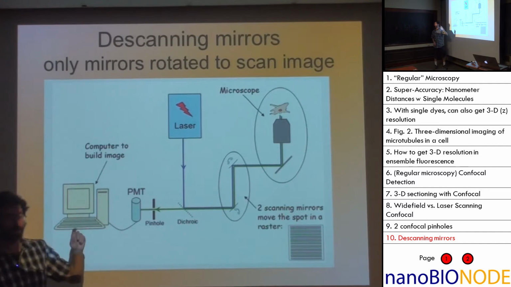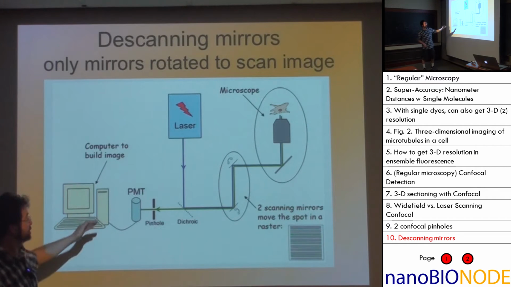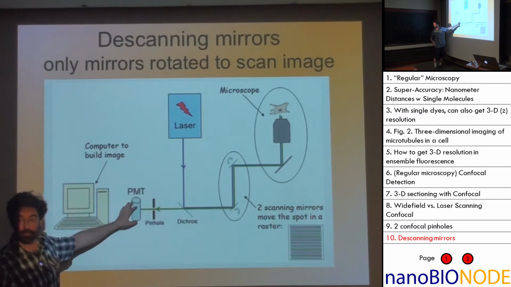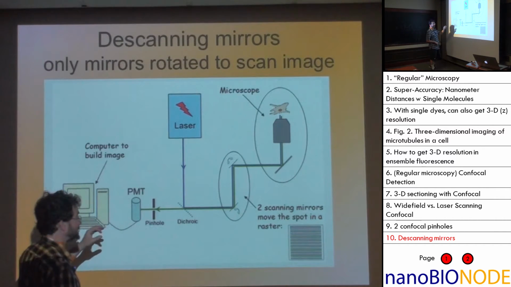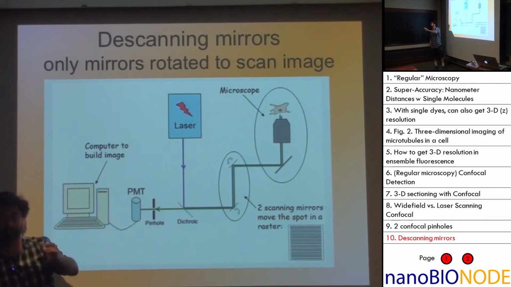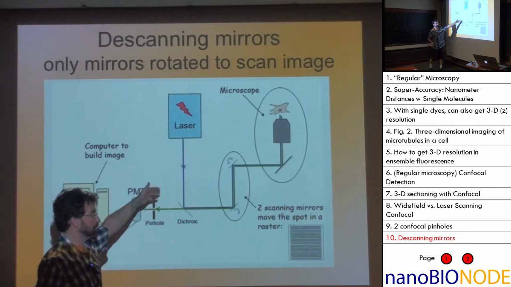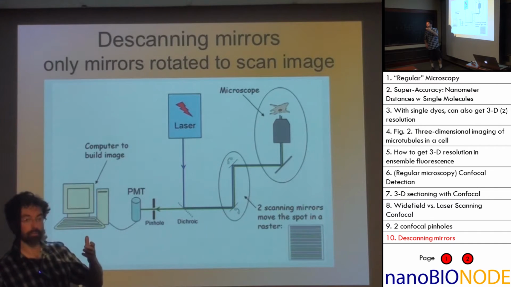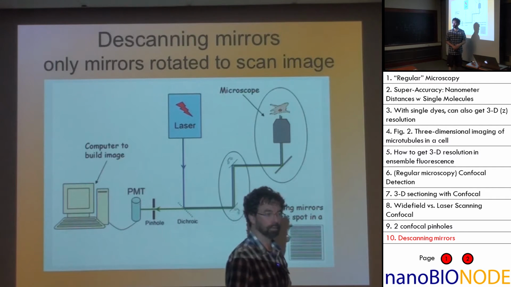So remember, in this case, the detector that you use is just a photomultiplier tube. It's not a CCD, it's not an area detector, because you're only interested in that one spot, which is the confocal spot that you get. And these kinds of setups are when you use a laser scanning confocal microscope.